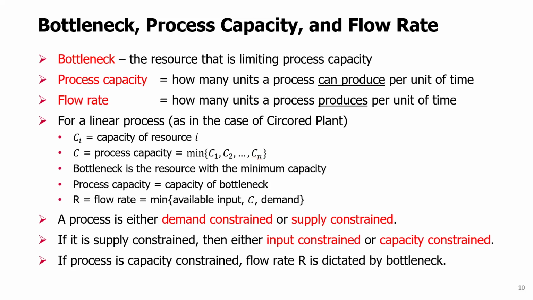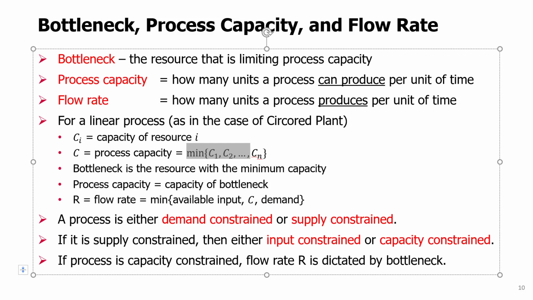The capacity of the process can be calculated as the minimum of the capacities of each of the resources. And when we do this, we can define the bottleneck as the resource with the minimum capacity. One of those Ci is the minimum value, and the corresponding resource i is the bottleneck. So process capacity will be actually equal to the capacity of the bottleneck.